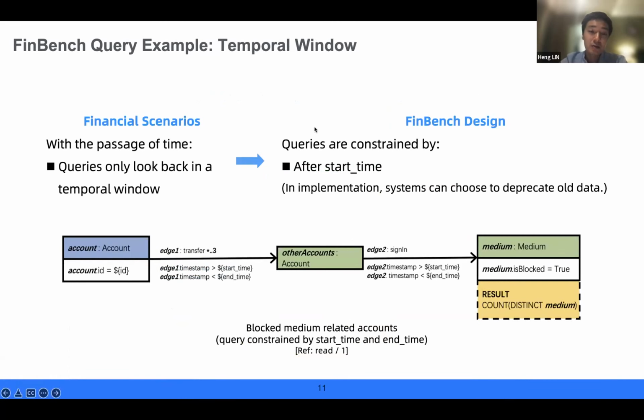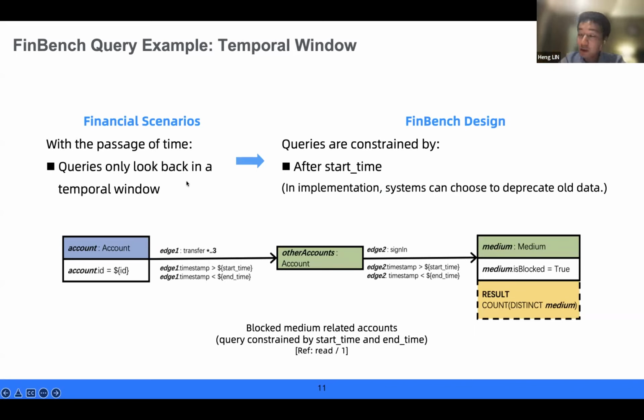We also have temporal windows, something like what Gabor introduced for BI. In financial scenarios, the query can only look within a temporal window.